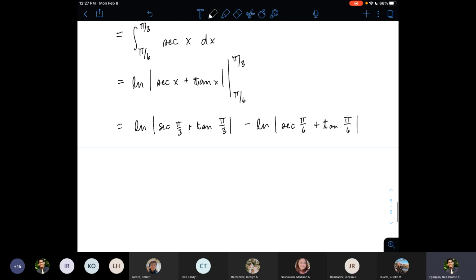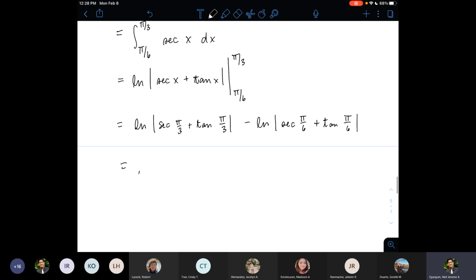And here we need our unit circles. What is secant of pi over 3? This tells us we need to review all these things from algebra.